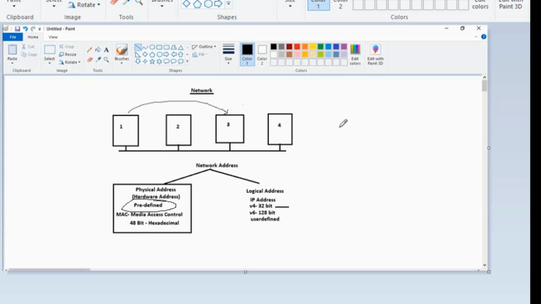For example, when we communicate from one phone to another, there is an IMEI number, so we can easily communicate from T-Mobile to Sprint, AT&T to T-Mobile, and so on. You cannot change the MAC address because it's predefined by the manufacturer, and it contains 48 bits, which is hexadecimal. Let me briefly show you how it looks.